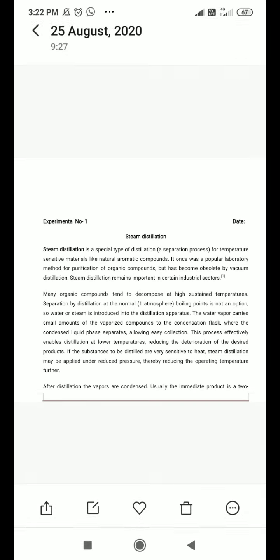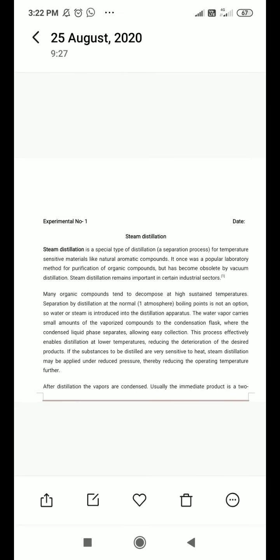What that steam does is help increase the temperature of the system, and it affects the production of vapors of that organic compound. After producing vapors at very low temperature with the help of steam, it gets vaporized and then condensed, and we can separate the two.